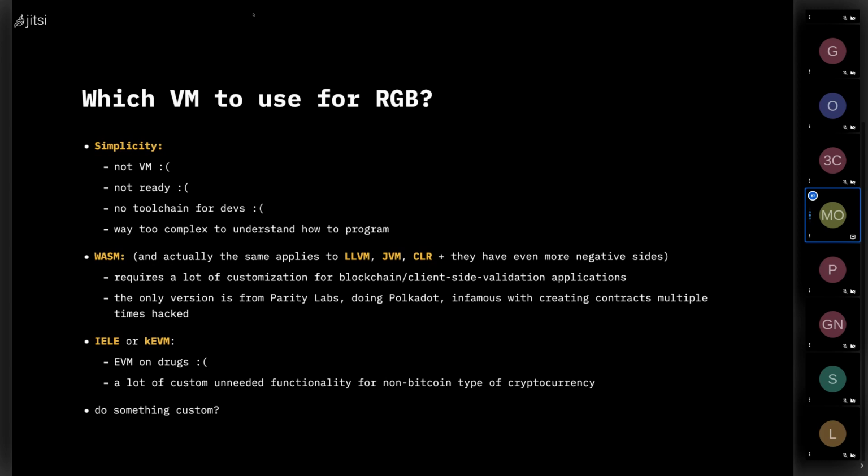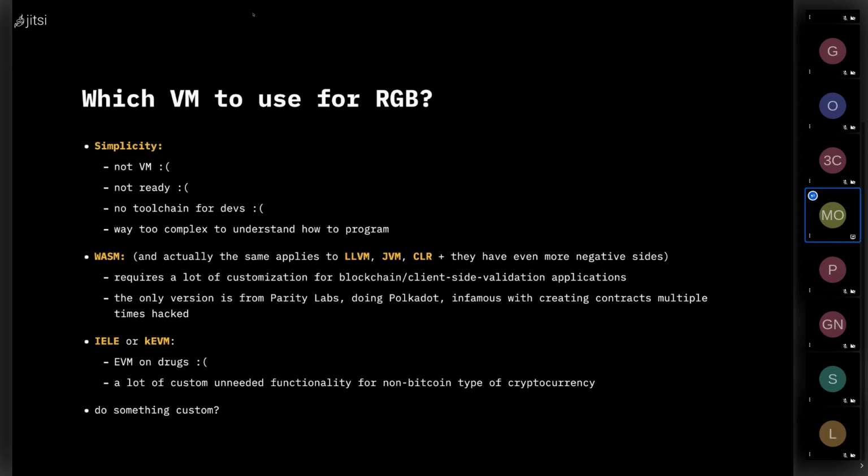And the only version that exists on the market is done by Parity Labs doing the Polkadot, and these developers are infamous for creating such systems. First of all, they developed EVM, and after that, they developed smart contracts, which were hacked multiple times using the EVM that they developed. And now they developed a non-standard compatible fork of WASM, which I don't think is a good idea to use in RGB.